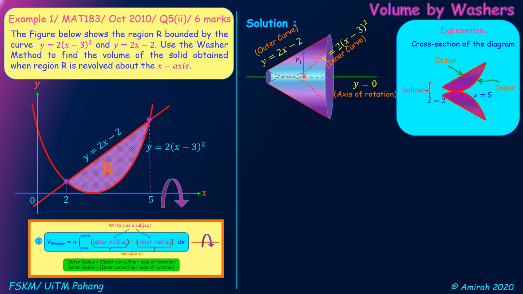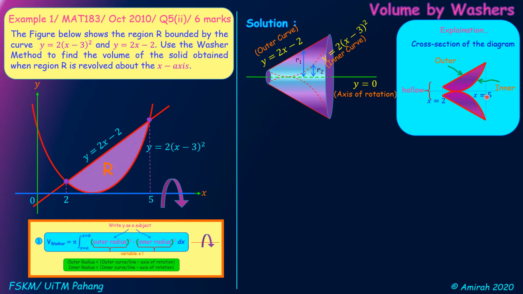This is the outer radius R1, and this is the inner radius R2. From here, we can refer to the cross section of the diagram. From the dotted line, this is a hole. This is the outer curve or line, and this is the inner curve.